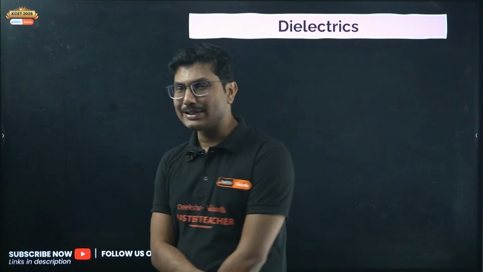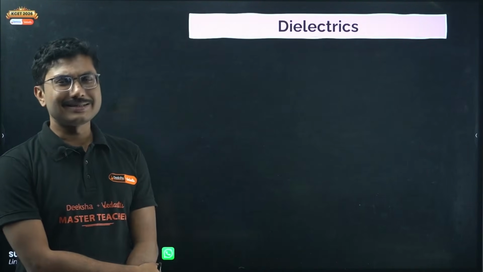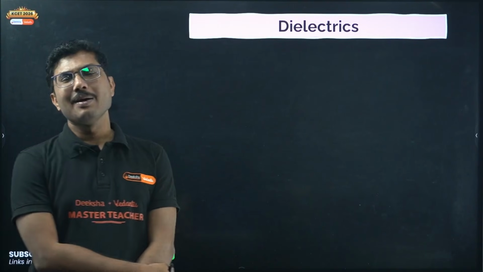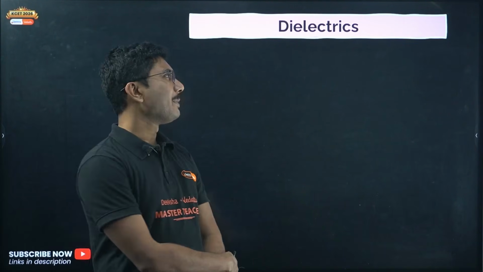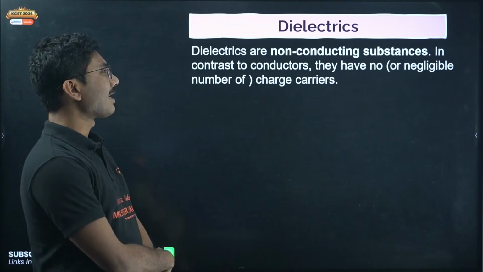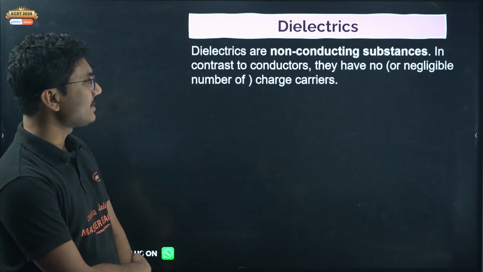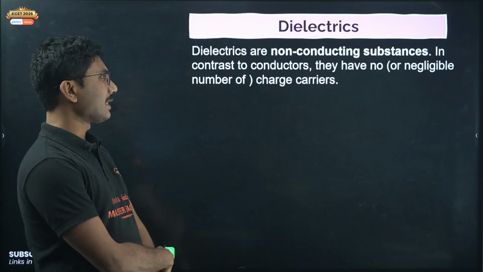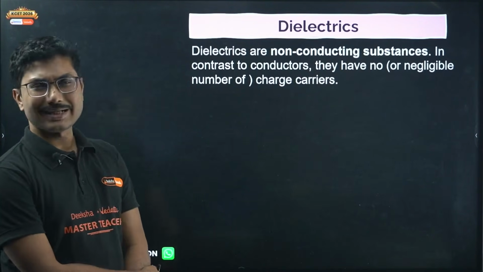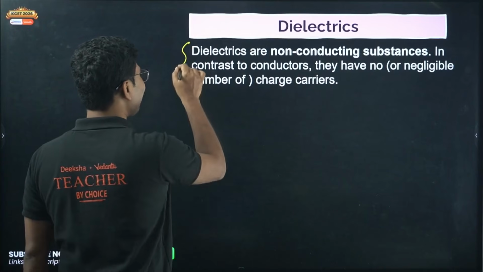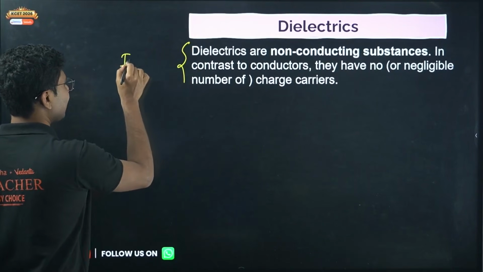What else? Now we are moving on to dielectrics. Dielectrics are basically insulating materials. Dielectrics is nothing fancy, the name is fancy, but they are basically insulating materials. Dielectrics are non-conducting substances. In contrast to conductors, they have no charge carriers. It's a fancy name for insulators.